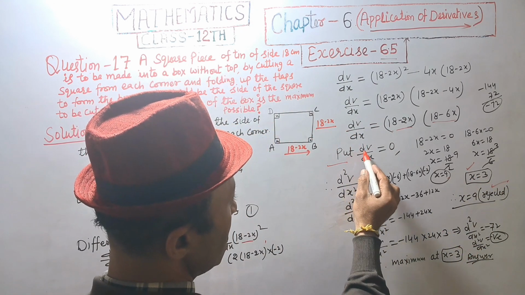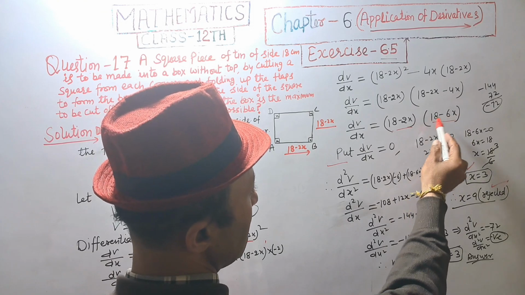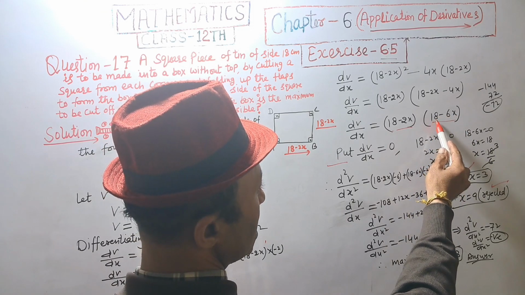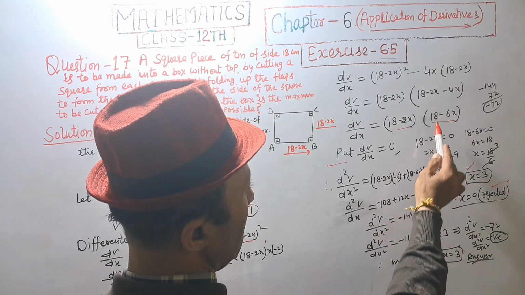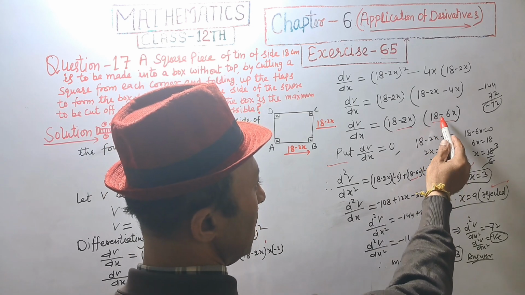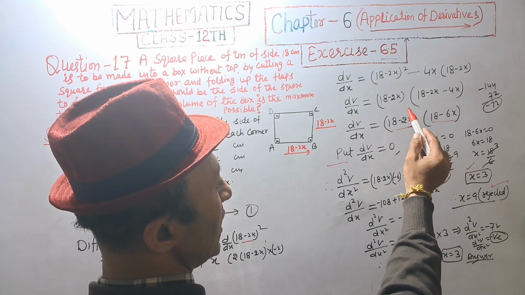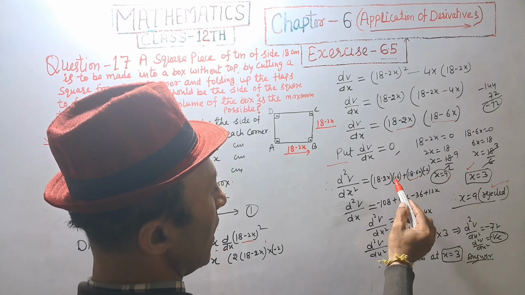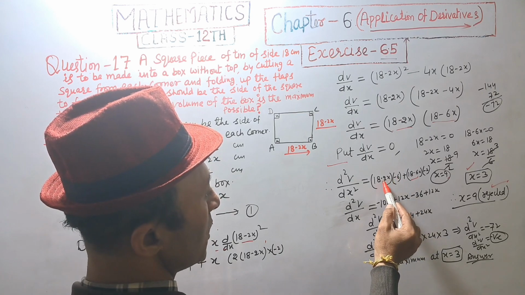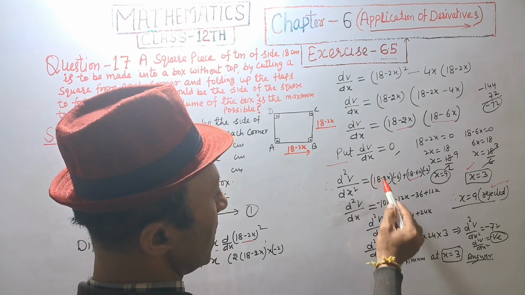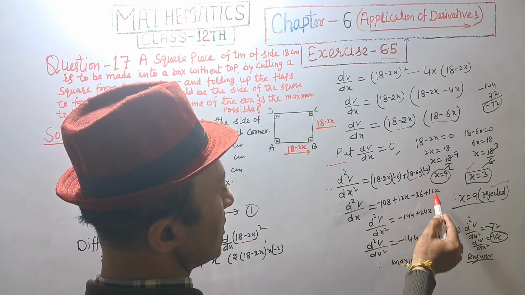Once again differentiating with respect to x, the double derivative is first function as it is, derivative of second, which is minus 6, plus second function as it is, derivative of first, which is minus 2. 18 multiplied by minus 6 is minus 108, plus 12x, minus 36, plus 12x.